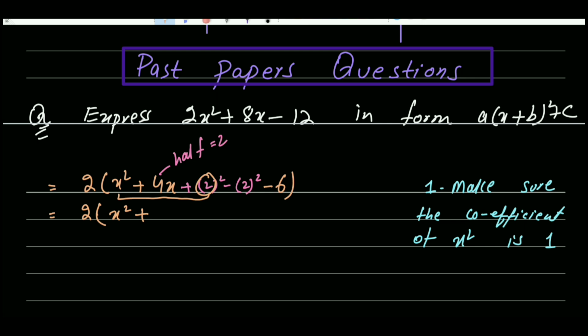So we will write here 2 with a bracket. First three terms will make the formula x plus 2 whole square. It can be a plus b whole square, or a minus b whole square as well, so it depends on that sign. So now, minus 2 square means minus 4, and minus 6.